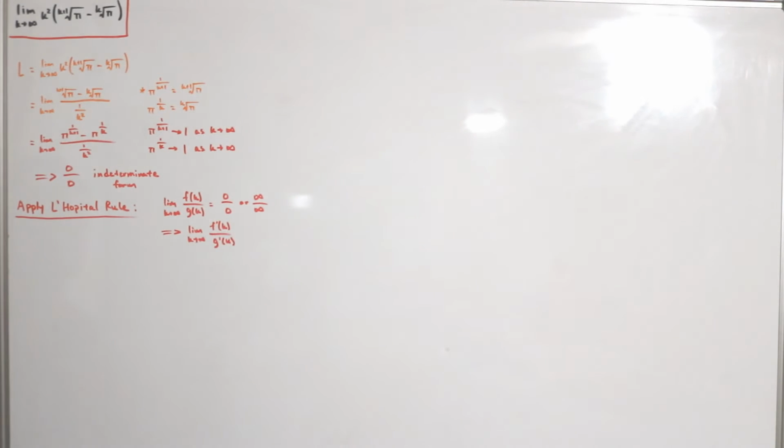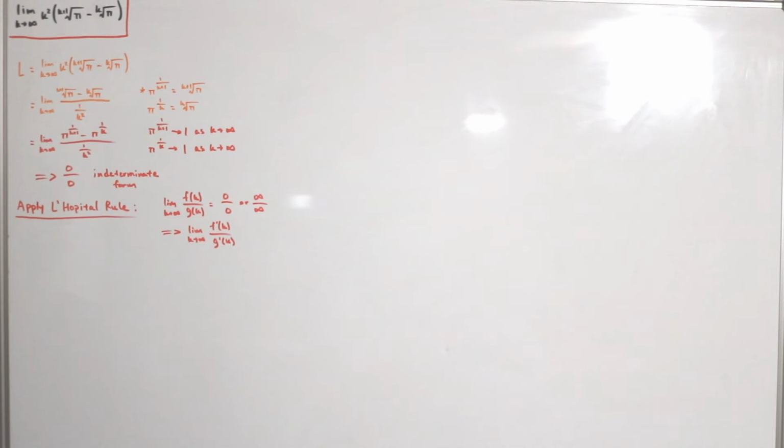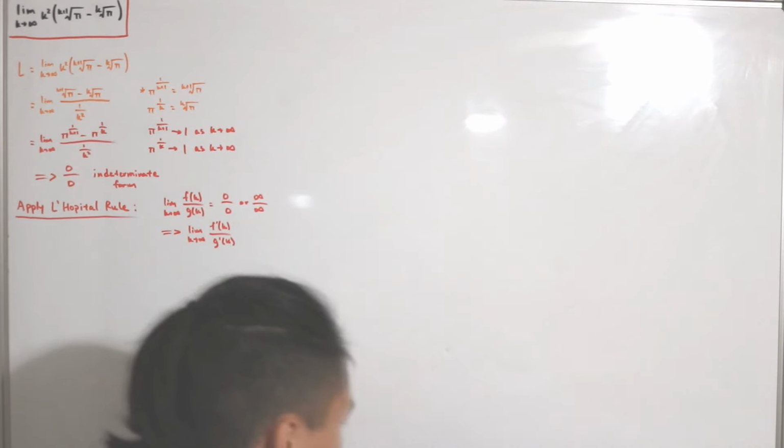So that's what we're going to do. We're going to take the derivative of the numerator and the derivative of the denominator. Let's do this one by one.